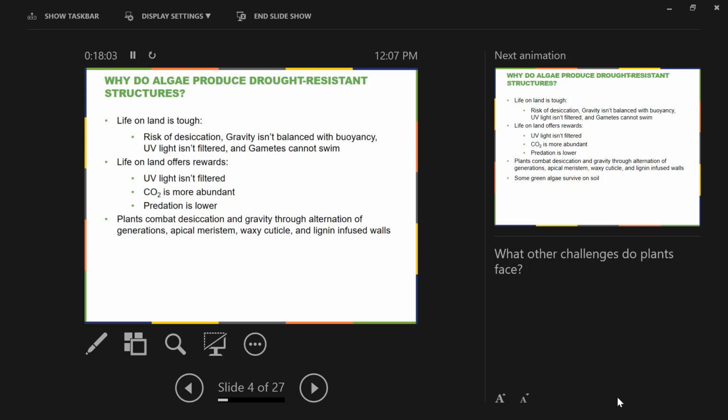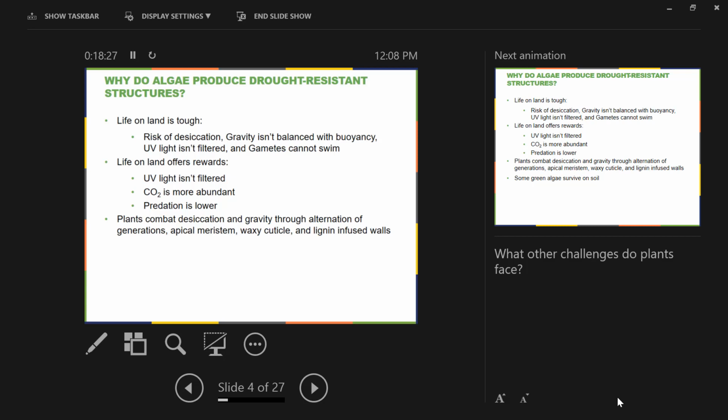Well, that's pretty cool. It's got a waxy cuticle. I mean, you probably know what that means. The cuticle is the outer covering, and it's waxy. What do we know about waxes? They repel water, right? We call that hydrophobic. They literally fear water.